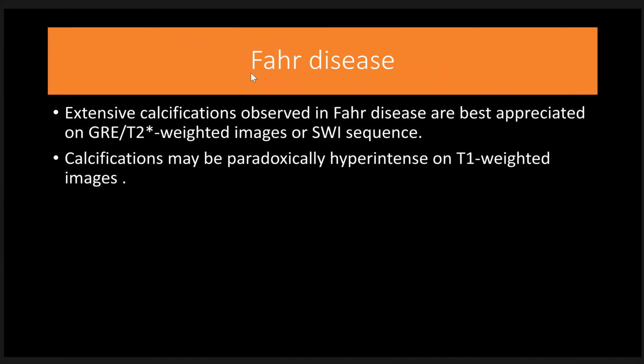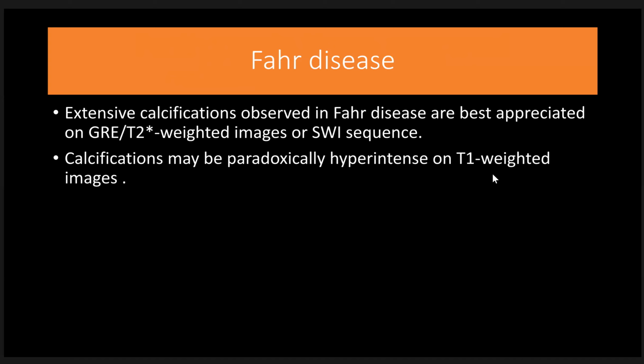We have Fahr disease. In this disease, we have extensive calcification, and it is seen on the gradient echo weighted images or susceptibility weighted images. And the calcification paradoxically is sometimes seen hyperintense on T1 weighted image.